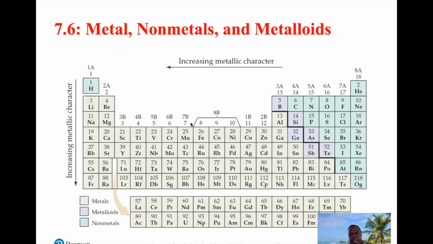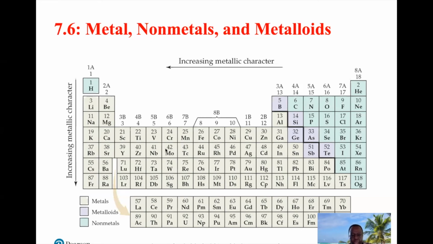Generally, if we start from the left of the periodic table going across, we are in the metal territory, then the semi-metals, and then the non-metals. Even though we are in the metal territory, the metallic character decreases.